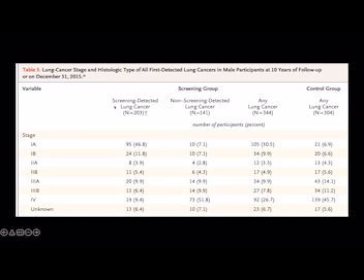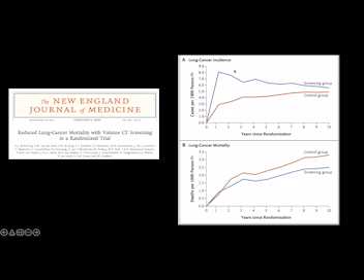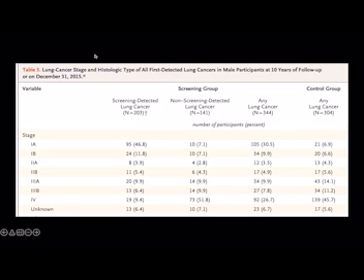Again, this study was a Dutch study, just looking at lung cancer screening, but showing that, again, you see stage migration. When you're looking at people who are screened versus not screened, the chances of catching a stage 1 cancer is dramatically higher than the chance of catching it without screening.